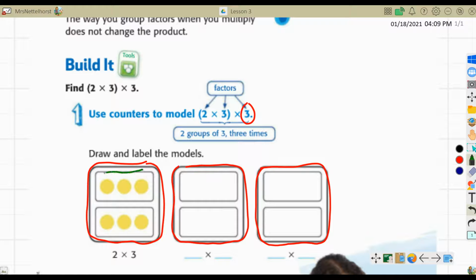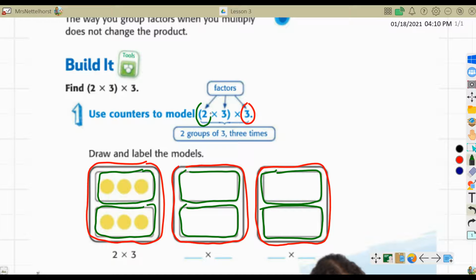You have this rectangle and this rectangle. That's 2 in that box. 1, 2 rectangles in this box. 2 rectangles in this box. And 2 rectangles in this box.